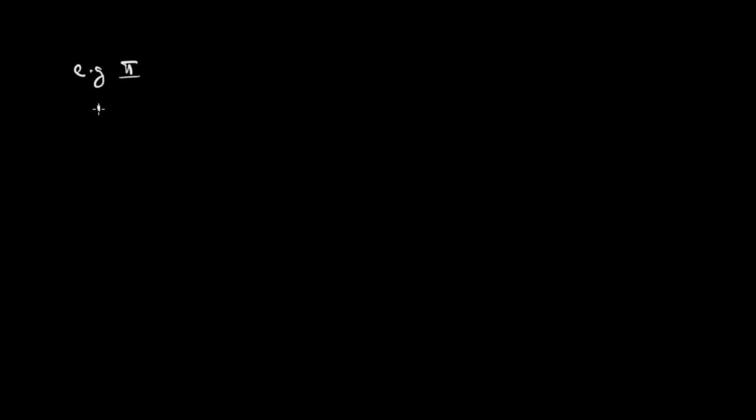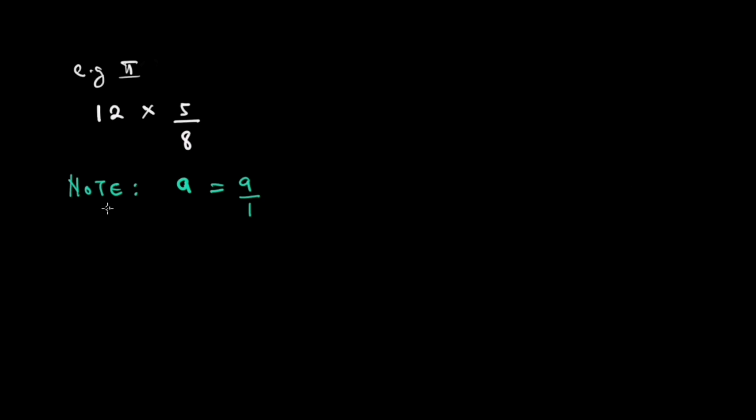Let's do example number 2. Example 2 is 12 multiplying 5 over 8. Before we go far, we need to note something: when we write a number a, it is the same as a over 1.